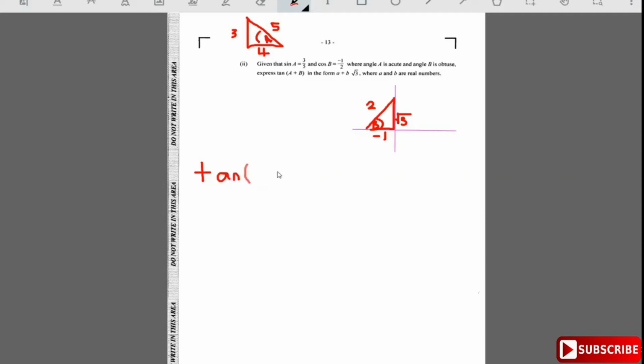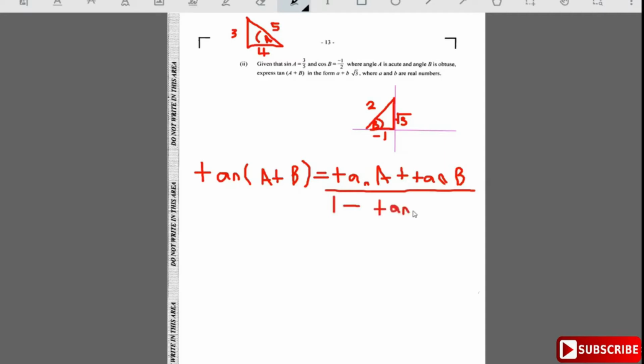We just proved it a while ago that it's tan A plus tan B over 1 minus tan A tan B. So tan(A plus B) is equal to tan A plus tan B over 1 minus tan A tan B. Nice and easy. So now, 1 minus that, let's go ahead.